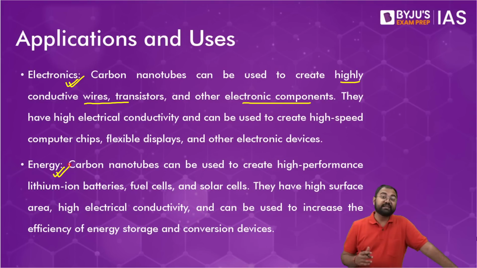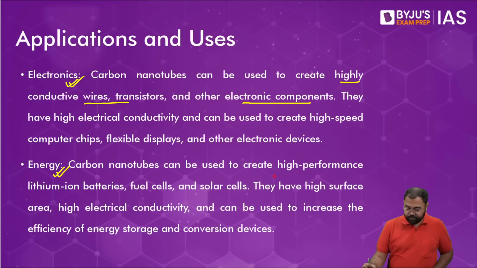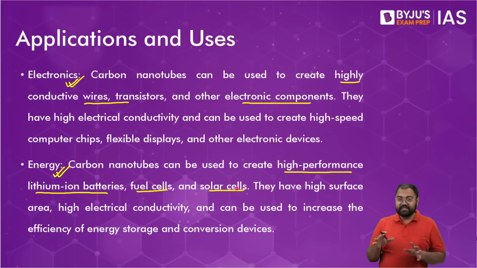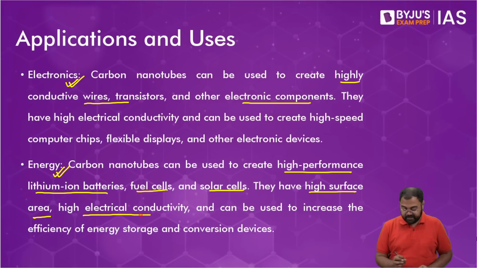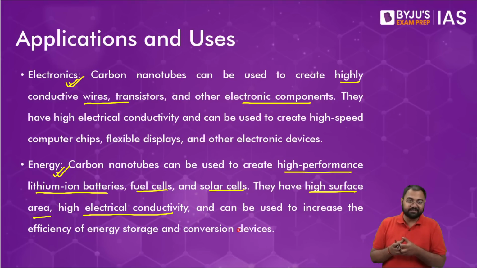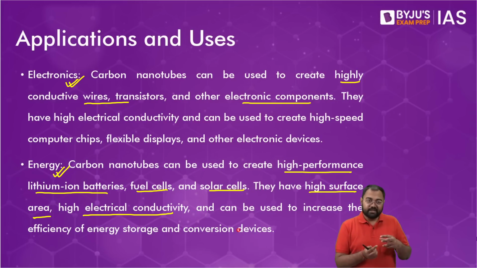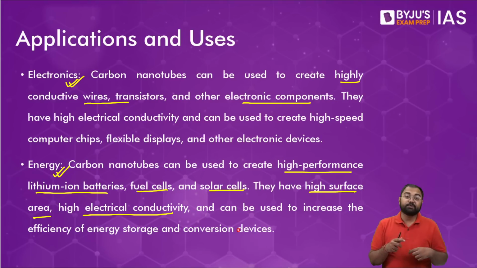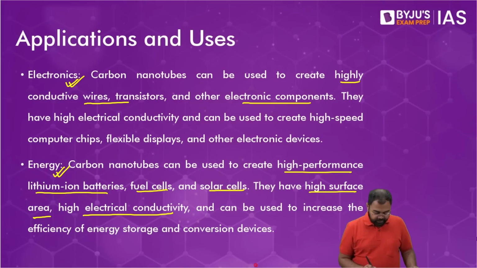For example, in lithium ion batteries, they become very useful, because they will be able to improve the performance of lithium ion batteries, fuel cells, solar cells, etc. All this can happen because they have a high surface area and high electrical conductivity, and that's why they'll be able to improve the energy storing capacity of all these batteries. So if carbon nanotubes are used in making these batteries, it will improve their performance and efficiency as well.